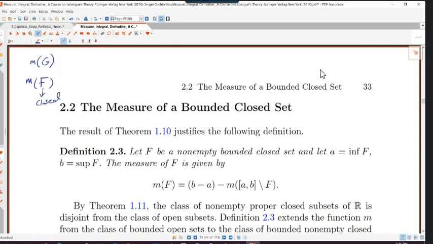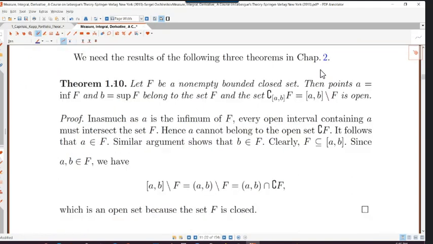We had a theorem in chapter 1, theorem 1.10, which says that if F is a non-empty bounded closed set, then the points a and b, the infimum and supremum of F, belong to the set F. And the complement of F with respect to the closed interval a to b, that is, the closed interval a to b minus F, is open.